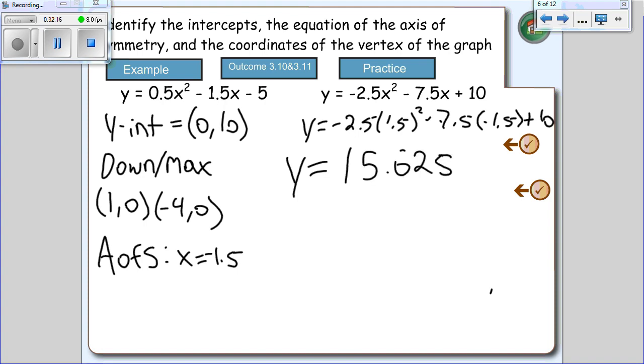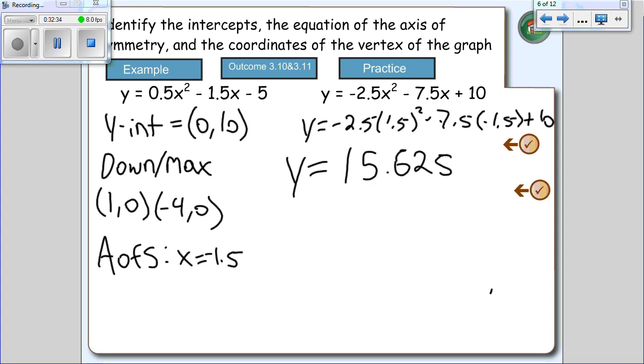If you're having a hard time with your calculator, and it isn't working out, you need to either go slower, so break it down into single steps, or use more brackets. This 1.5 squared has to be in brackets.